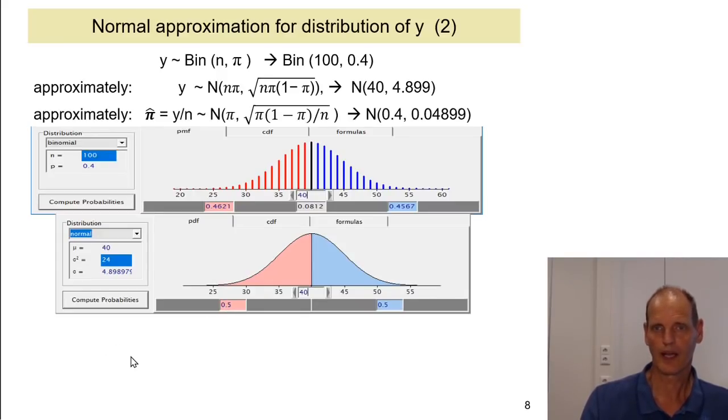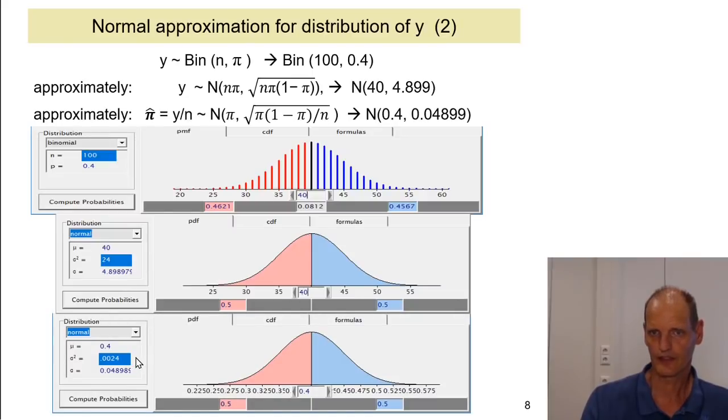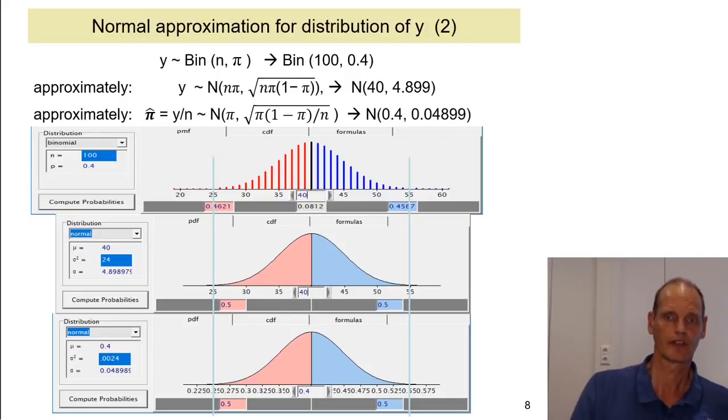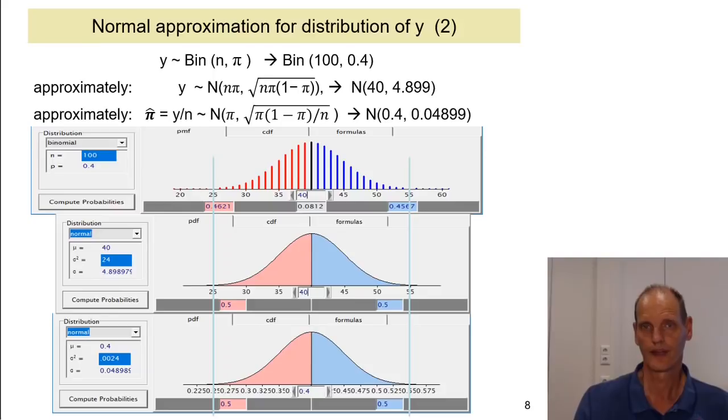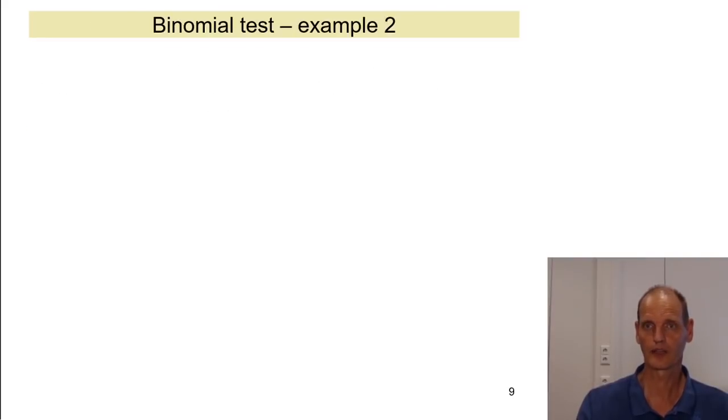And finally, for pi hat, you will see exactly the same form, except the values on the value axis have now been divided by 100, so 25 becomes 0.25 and 55 becomes 0.55. So this normal approximation works well as long as we have reasonably high values for n. In fact, it's about n times pi, as we will see.